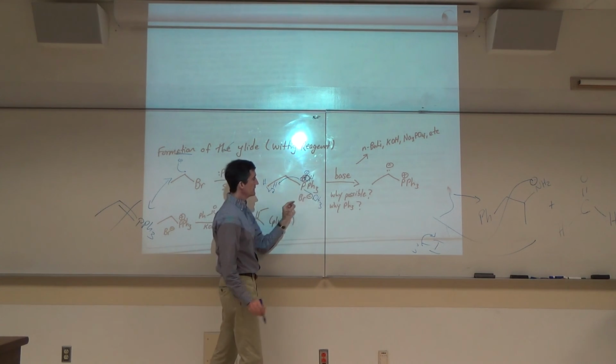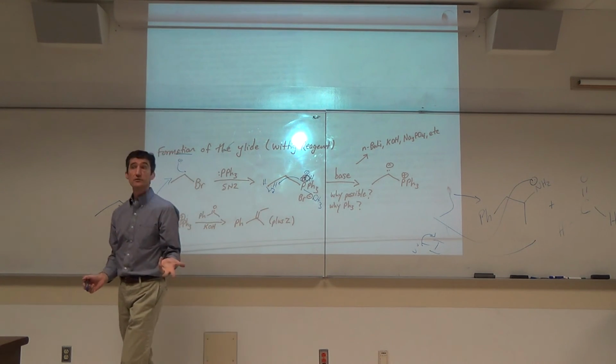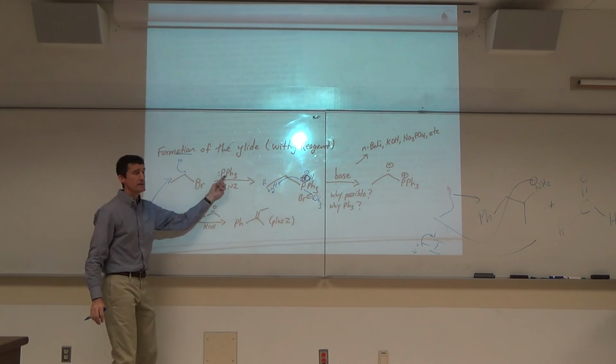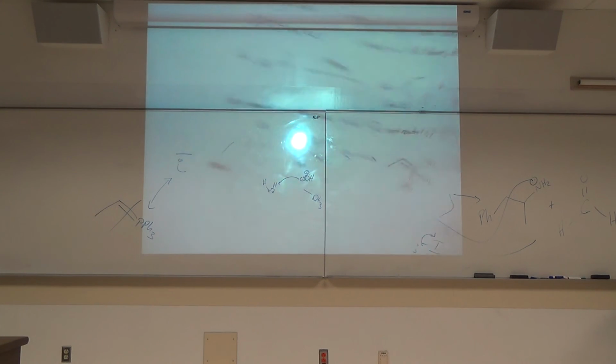With phenyls, the bonded carbon doesn't have an H, so there's no H's over there to remove with the base. There's only H's on the other side. So phenyls are sort of inert. There's no acidic H on that carbon. So that's why you use triphenylphosphine and maybe not trimethylphosphine. Okay, need to look at that, etc.